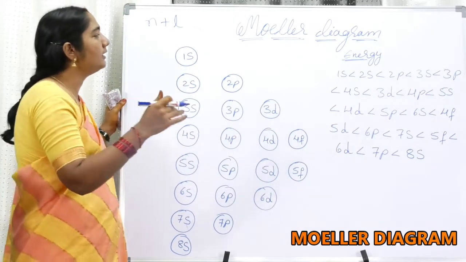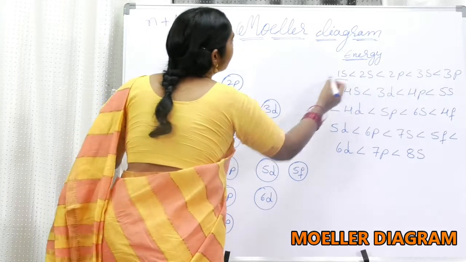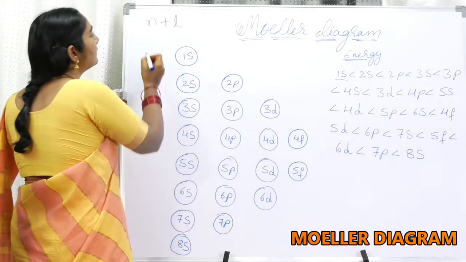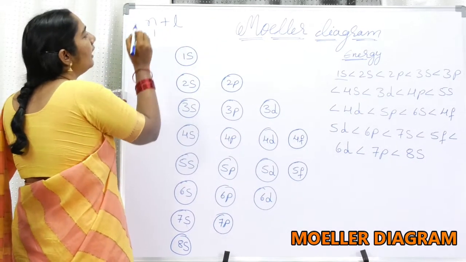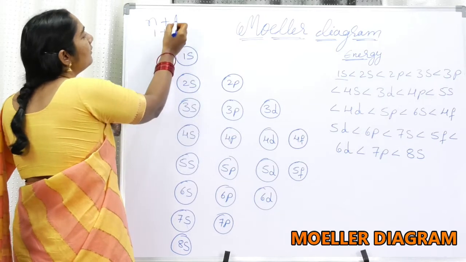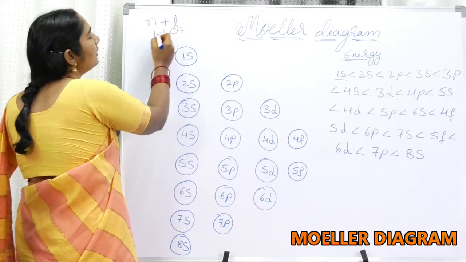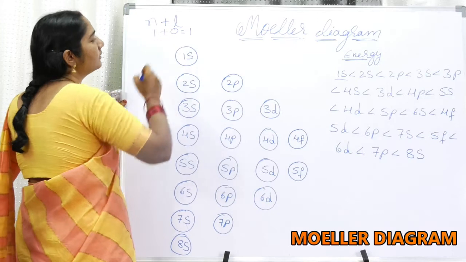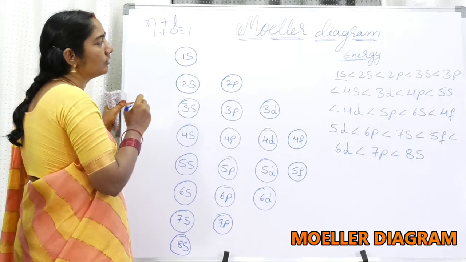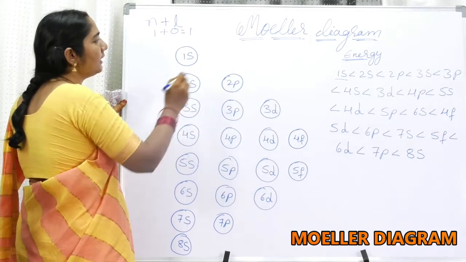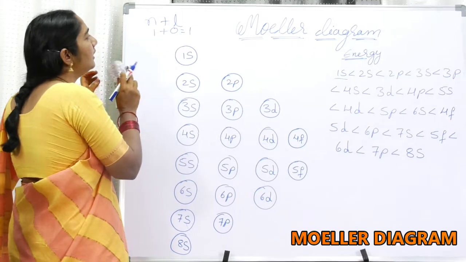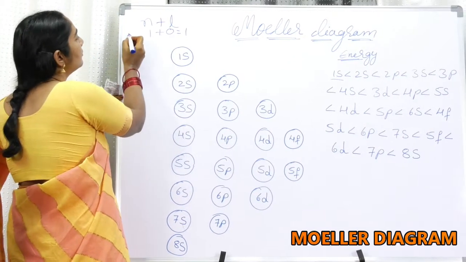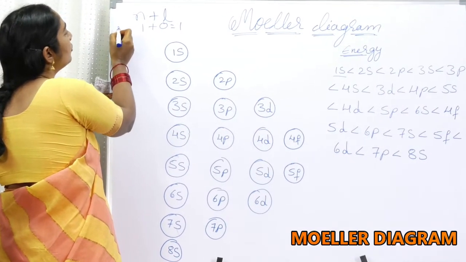For example, let us take 1s. In the case of 1s, n is 1 and for s the l value is 0. So, n plus l is 1 plus 0, that is 1. Now let us take 2s.